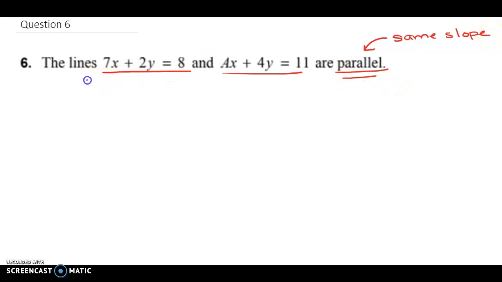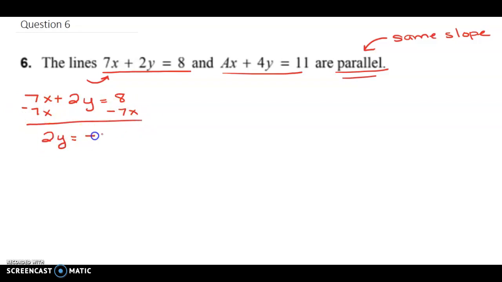All right, so the first thing I'm going to do is rewrite this equation into y equals mx plus b form. So 7x plus 2y equals 8. I want y by itself, so minus 7x, minus 7x. So I'm left with 2y equals negative 7x plus 8.